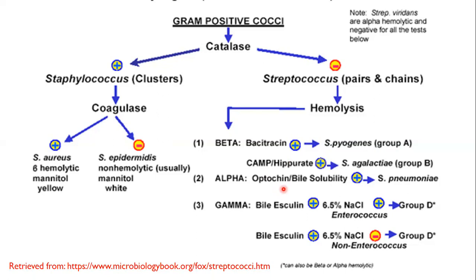Sensitive to the effects of optochin is your Strep pneumoniae, and resistant to its effect is your viridans group. Then we have your gamma hemolysis. Lastly, we usually use bile esculin and 6.5% NaCl, such that positive growth in 6.5% NaCl, we classify it as enterococcus, and negative growth, meaning it's inhibited by 6.5% NaCl, are your non-enterococcus, particularly Strep bovis.